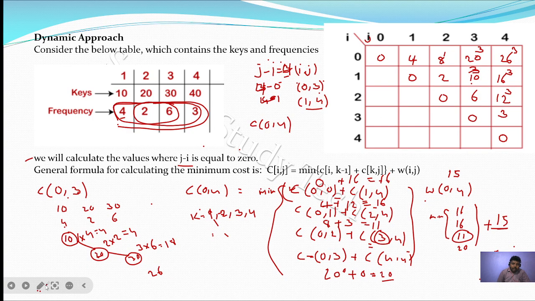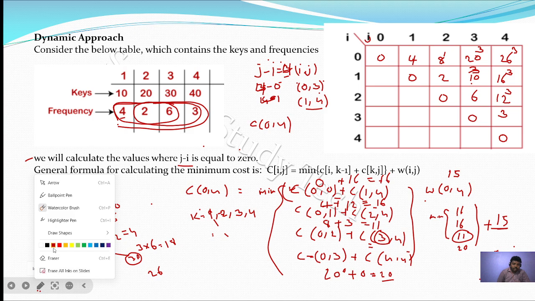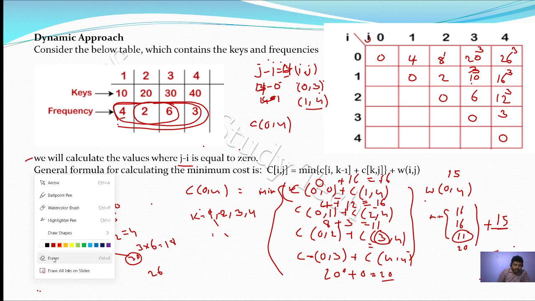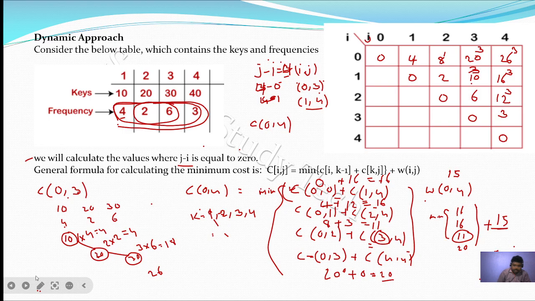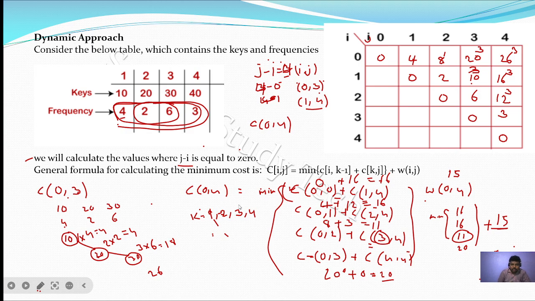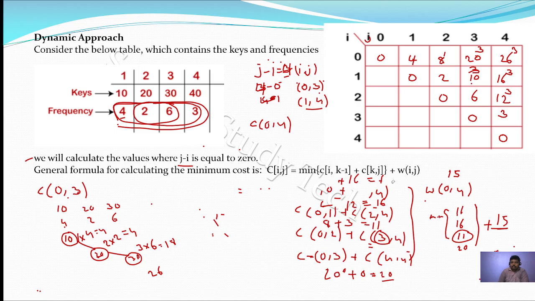Now we have to draw the optimal binary search tree. How to draw the optimal binary search tree? By using this table.